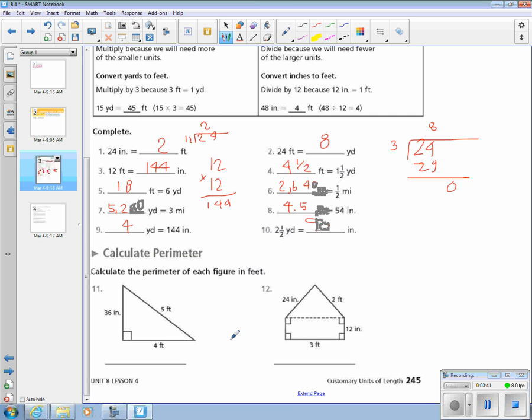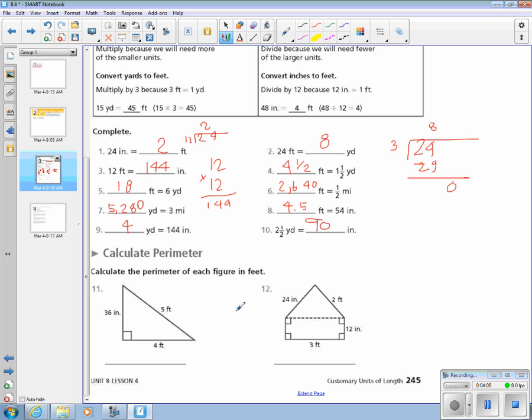We are going to calculate the perimeter of number 11. So the perimeter, remember, is the outside space. Whoa, didn't mean to write on there, but I did. So let's see, we have 2 feet measurements and 1 inch measurement. So we are going to have to convert the 36 inches into feet.